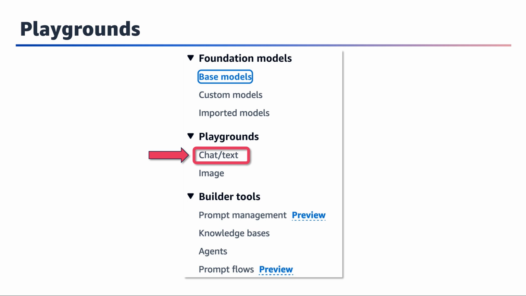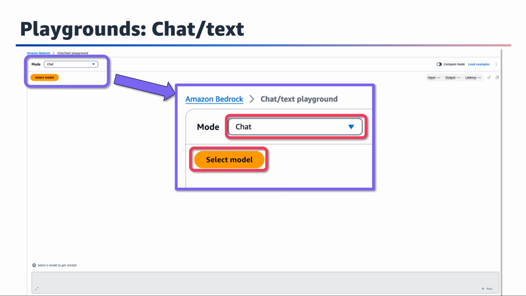Let's click on the Chat/Text link under the section Playgrounds in the left menu bar. The Chat/Text Playground allows you to interact with language models in a conversational or text-based manner. To get started, you need to choose the desired mode of interaction, either chat or single prompt, from the drop-down menu. Additionally, you must select the specific language model you want to use by clicking the Select Model button.